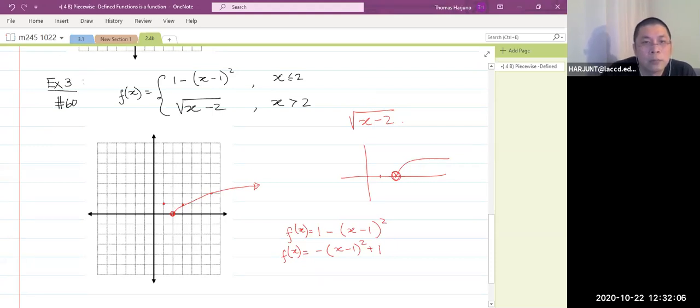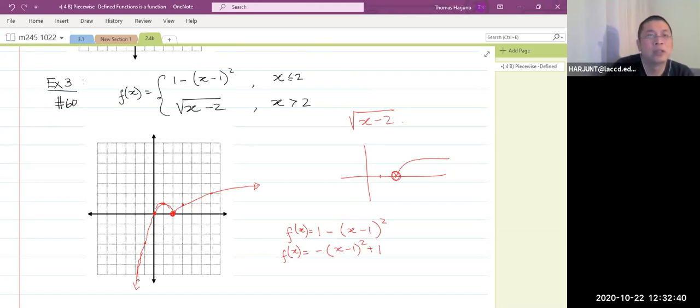When I move right 2 units, I go down 4. But I should not have anything here, so go down 4. Okay, that's what it looks like.